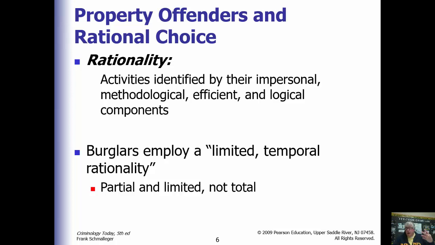There's not a whole lot of thought process going into it, but at least they think they're making their own decisions and choices. They might not have all the information they need to make a good, informed decision, but they're making one. That's why they call it partial and limited, not total. Limited temporal rationality.